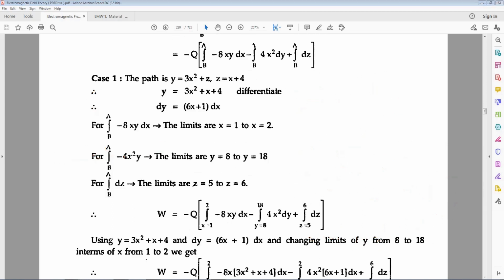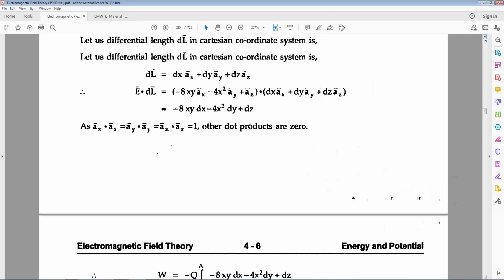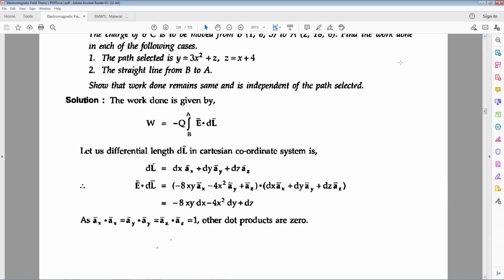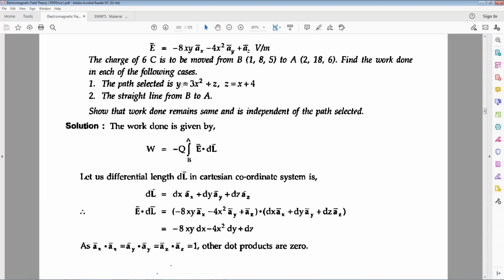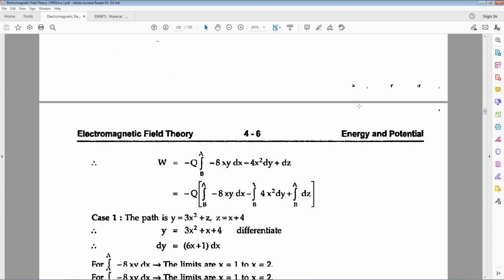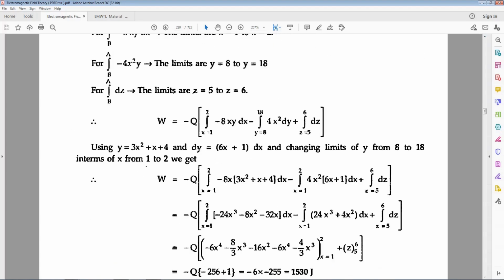So using the path y equal to 3x square plus x plus 4, as given, calculate the work done. The path is selected from 3x square plus z, where z is x plus 4, so 3x square plus x plus 4 here. And dy is given as 6x plus 1 into dx.